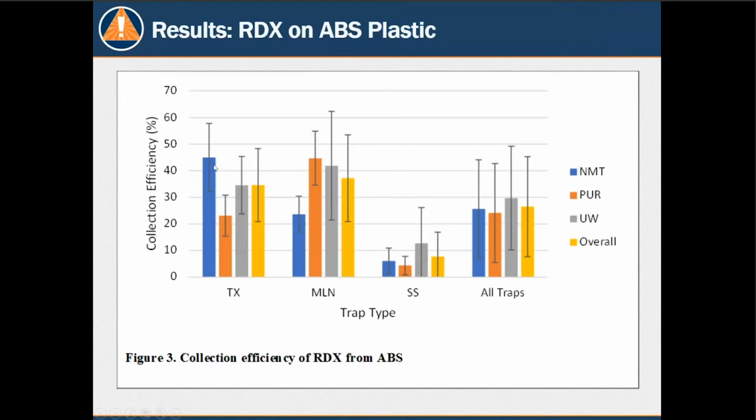New Mexico Tech had a great day recovering material with TechSwipe, not so good with the muslin. Purdue, on the other hand, didn't do very well with TechSwipe and had a great day with the muslin. Washington was pretty consistent between the two.